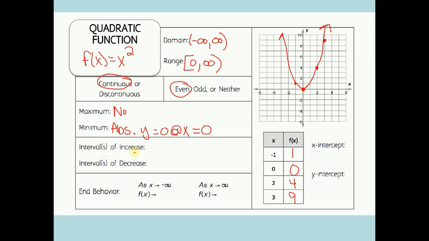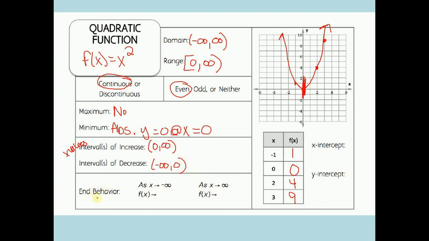I am increasing, remember, increasing in intervals, these are your x values at all times. So I am increasing from 0 to infinity, and then I am decreasing from negative infinity to 0.